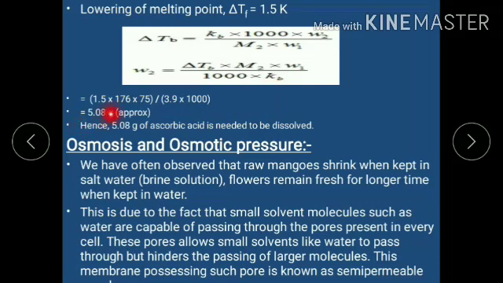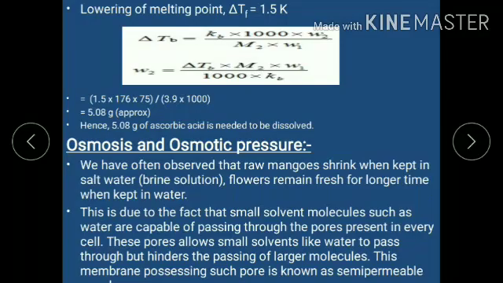You will get approximately 5.08. Hence 5.08 gram of ascorbic acid is needed to be dissolved. This is the answer. By this formula you can determine the mass of solute, and you can determine the depression in the freezing point.